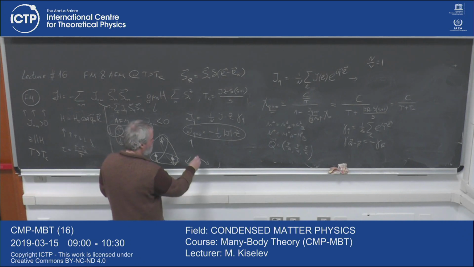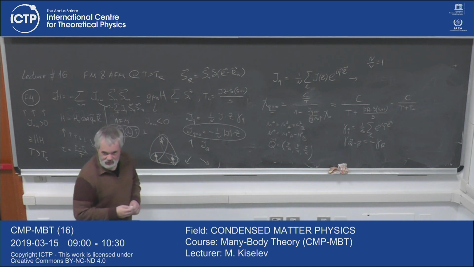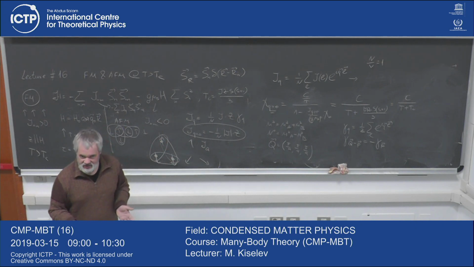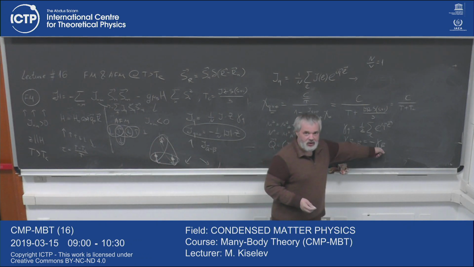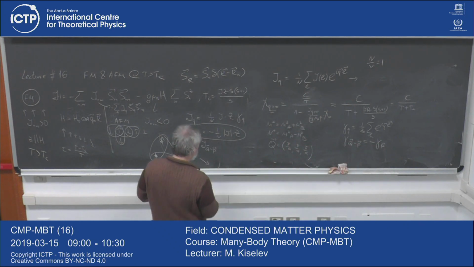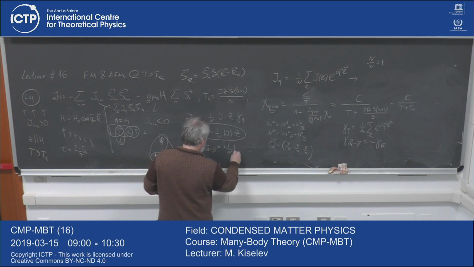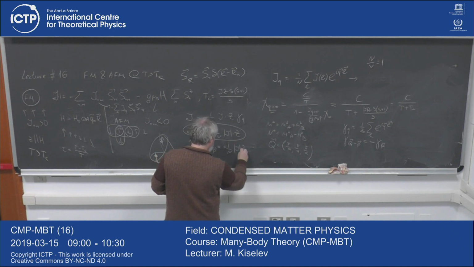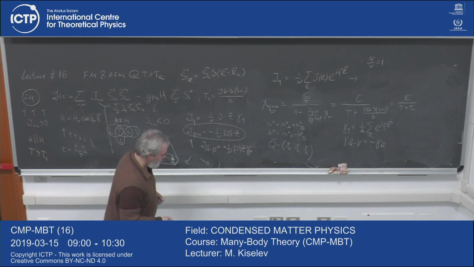Therefore, J at a small deviation from the reciprocal vector, Q minus P, well, it's actually any deviation from the reciprocal vector, I will be interested in small p only because I would like to see the Ornstein-Zernike behavior, is equal to minus 1 over n times Z times Q P, gamma P.